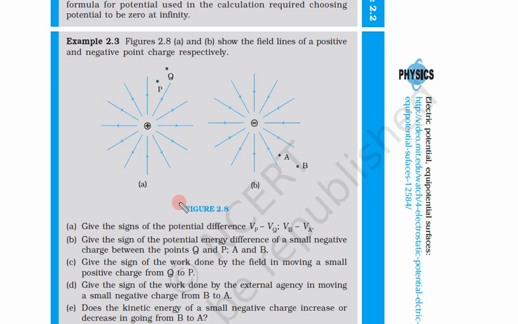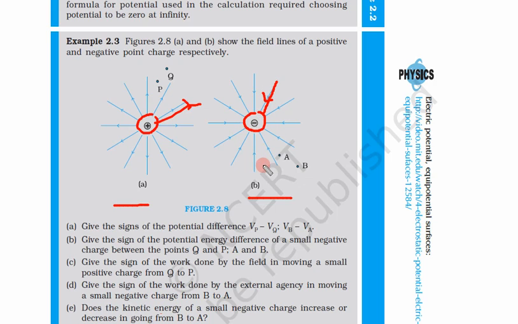Figure 2.8a and 2.8b. So here it is a positive charge, here it is a negative charge. They show field lines of positive and negative charges respectively. As you know, from a positive charge field lines always go outwards, and for a negative charge it is always inwards.